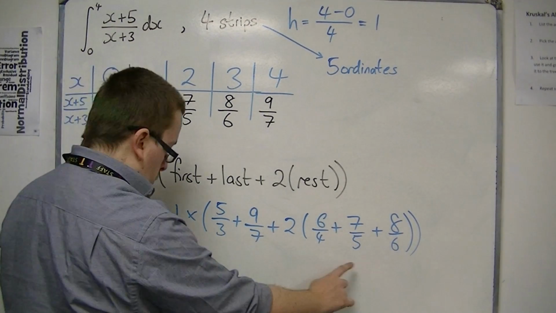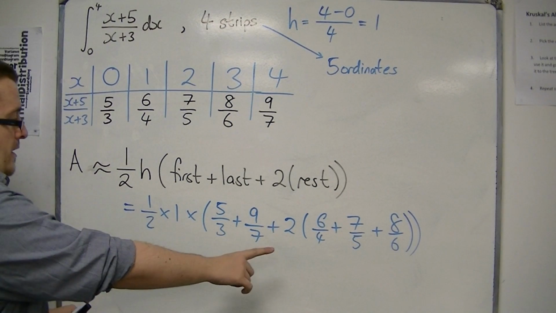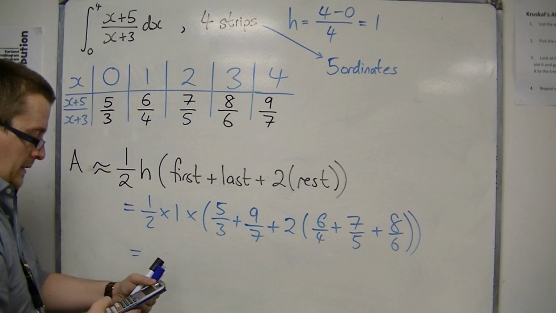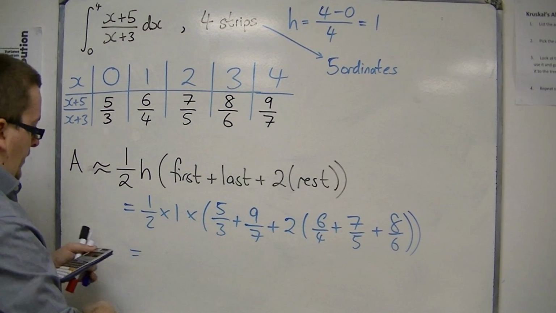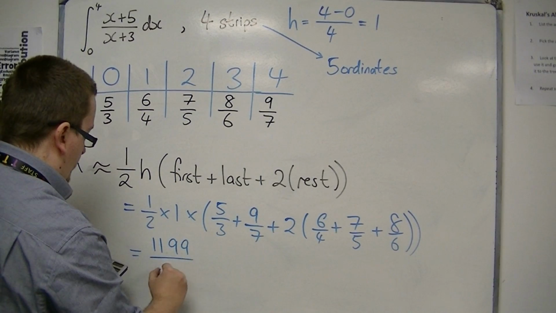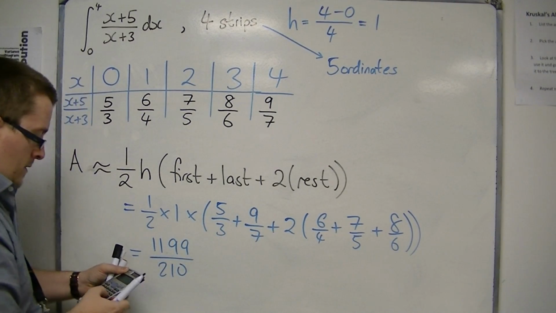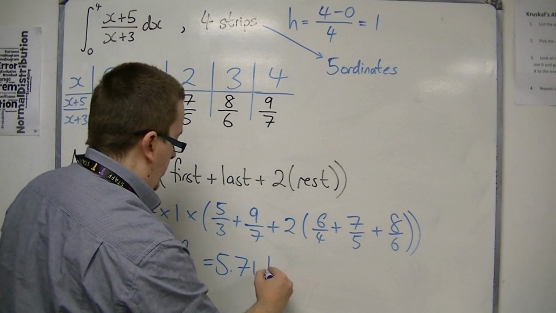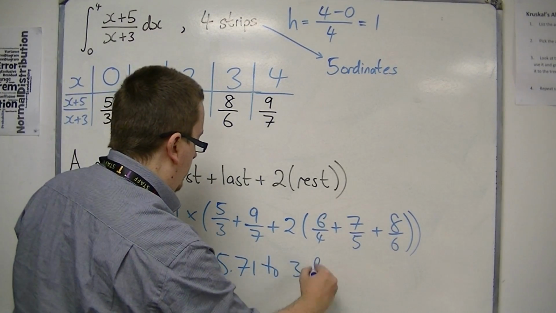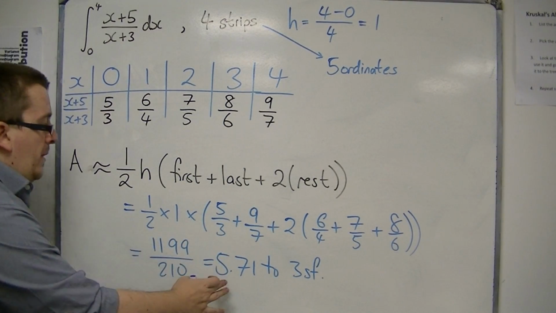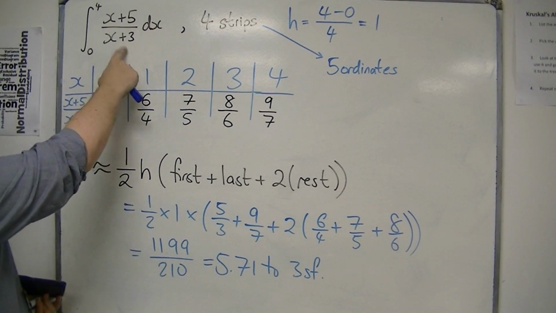That gives me 1199 over 105, and then I'm dividing it by 2, or multiplying by 1/2. So my answer is 1199 over 210, which is 5.71 to 3 significant figures. Okay, so that is an estimate of this integral.